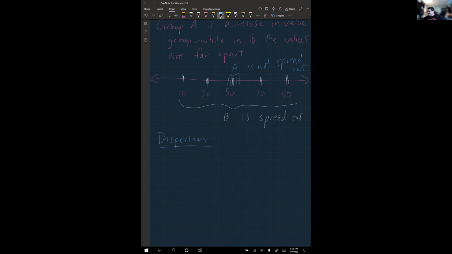Dispersion is a measure of how spread out the data is, or how much it deviates from the center.